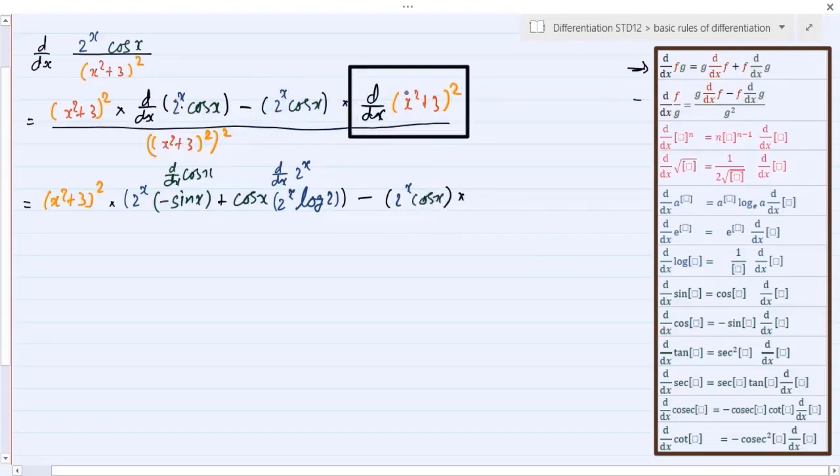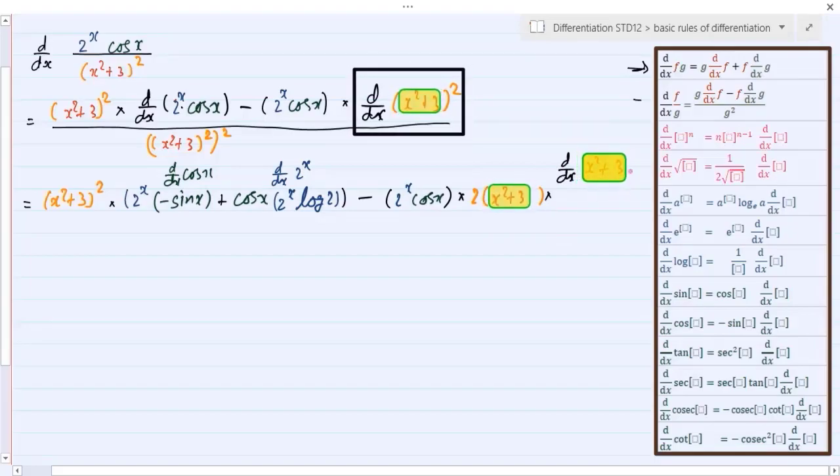We just have to differentiate x square plus 3 the whole square, and for that we have to consider a box around the x square plus 3. So indirectly we just have to differentiate box square, which is nothing but 2 box, into differentiation of box.